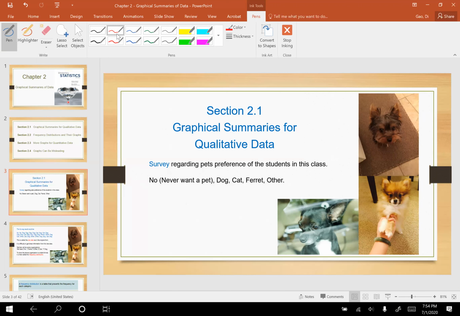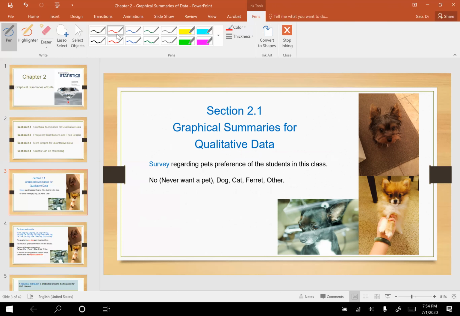So let's first look at the survey we have here, a survey regarding pet preference as a student in this class. We have the following categories to choose from: no, dog, cat, ferret, other.